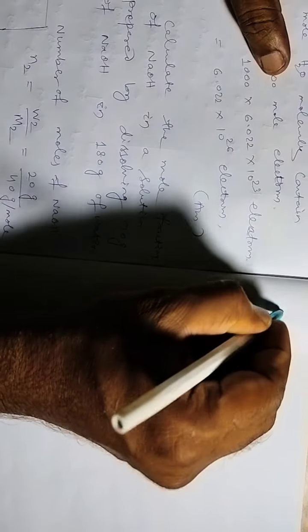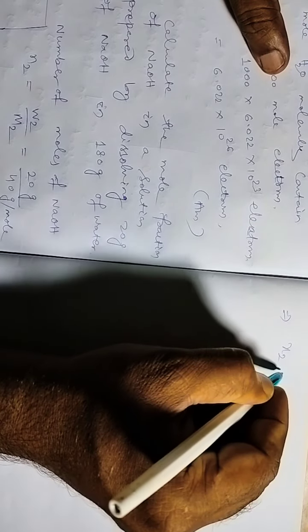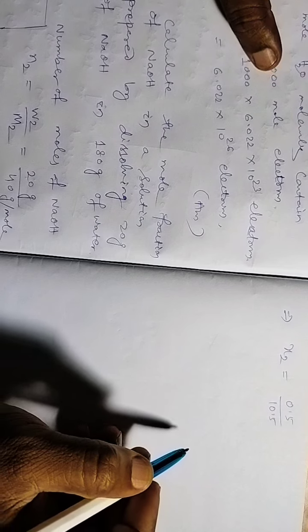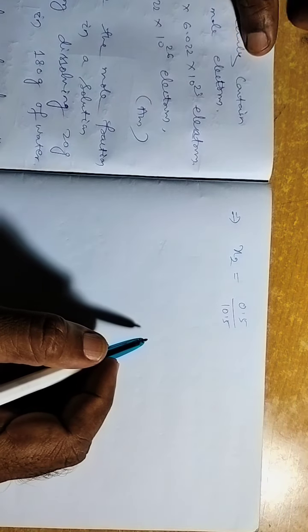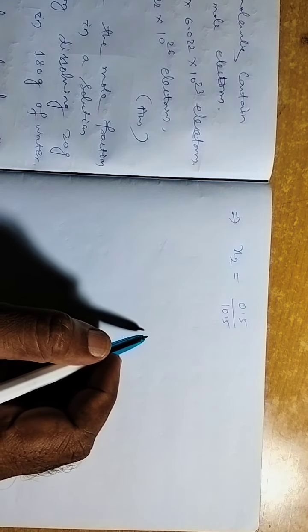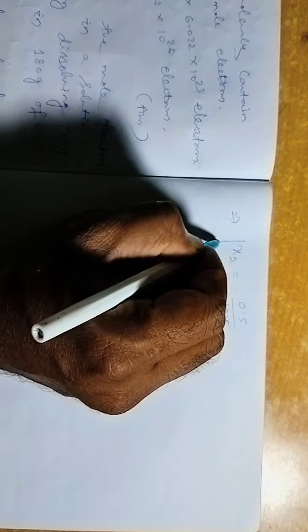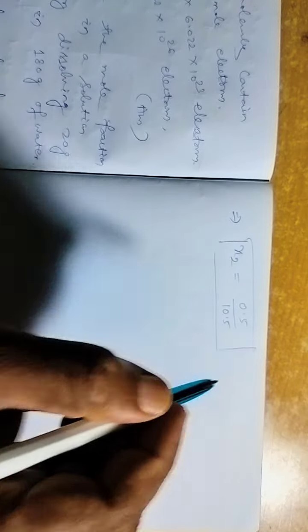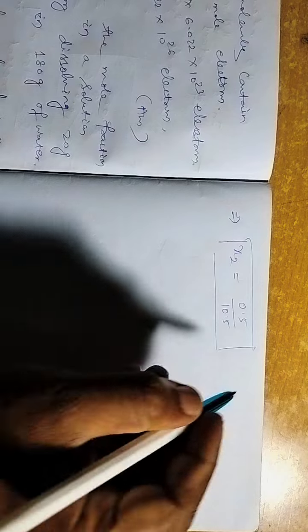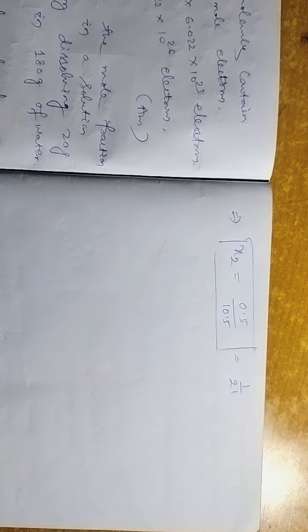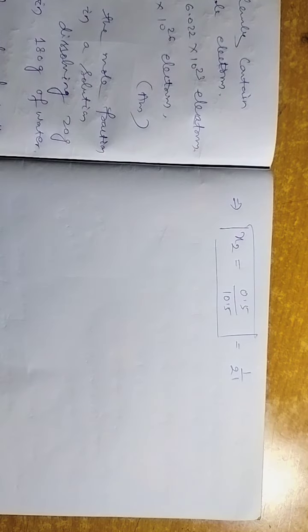So this gives the mole fraction of sodium hydroxide as 0.5 by 10.5. You can simplify this, or you can write 1 by 21.